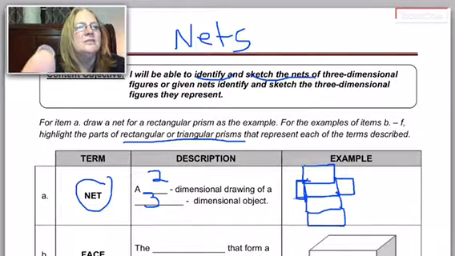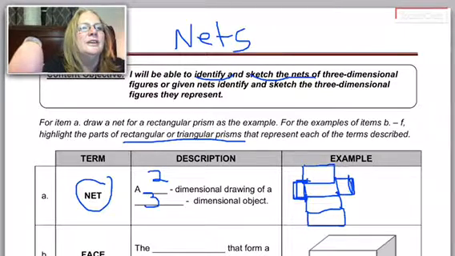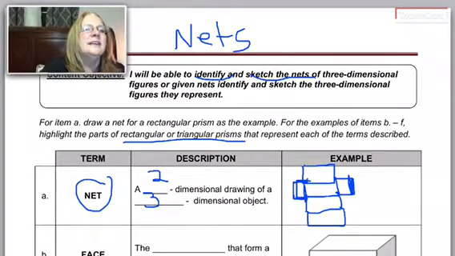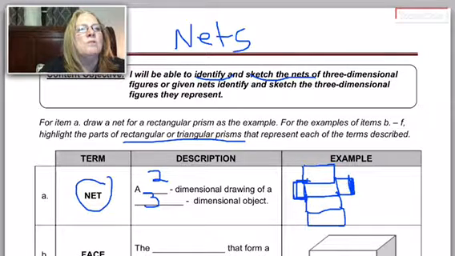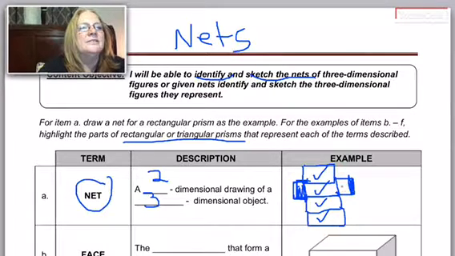These bases should be the same, congruent. They don't really look congruent, but that would be the net of a rectangular prism. Whereas you can see, we'll talk more about it, these are the sides of the prism, and these are the bases.